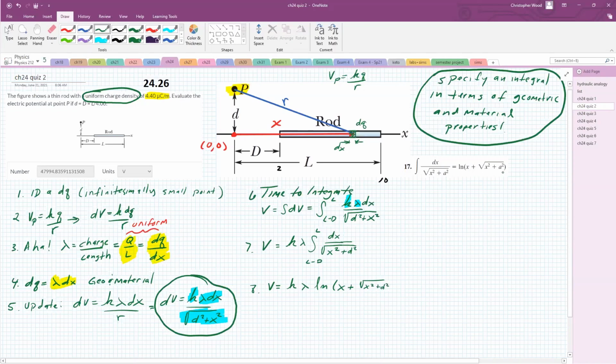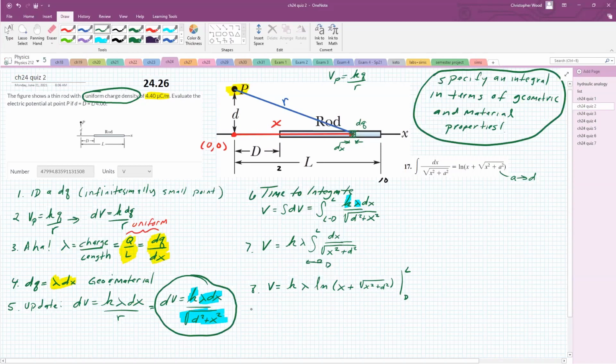So instead of using A, we are using D. And here are our limits of integration. I can just do that, interchangeable from L to D. Fine. These are one and the same.